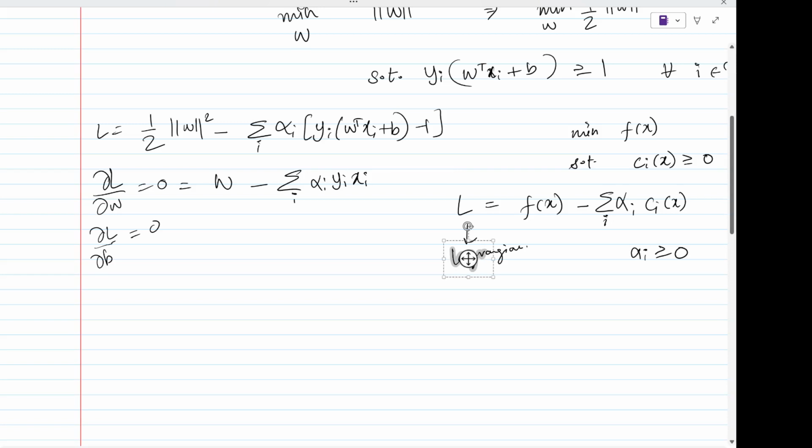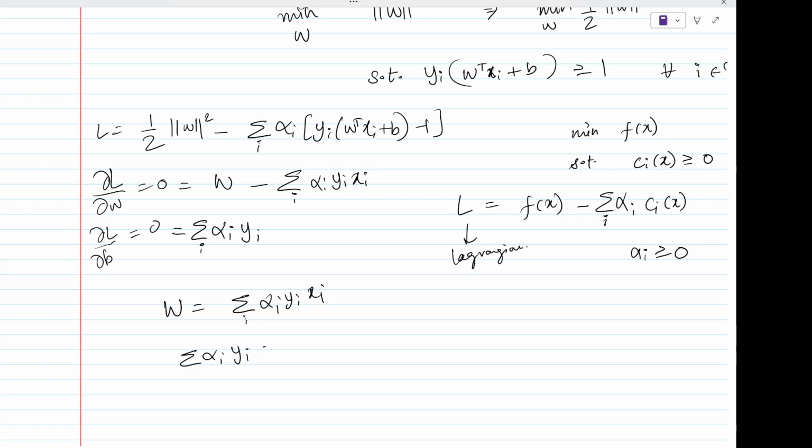And this is summation alpha I yi. So from these two, what we get is W is equal to summation alpha I yi xi and summation alpha I yi is equal to 0.